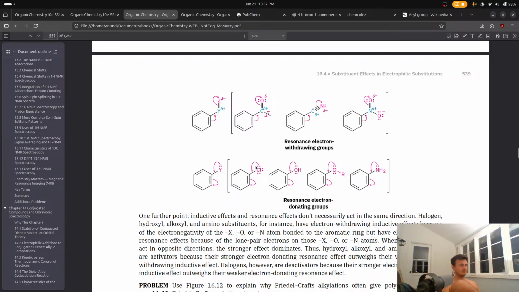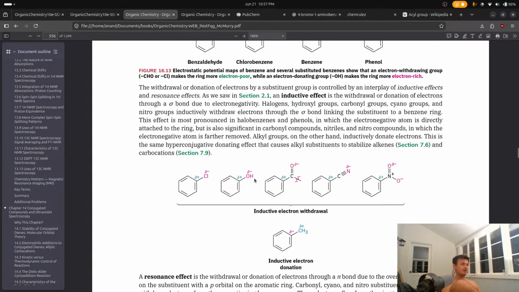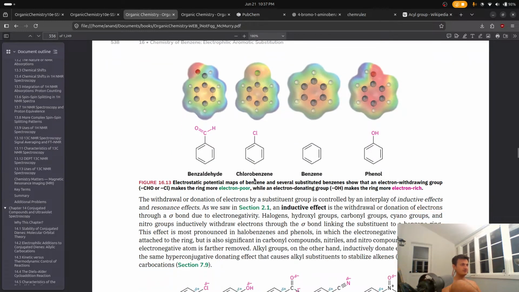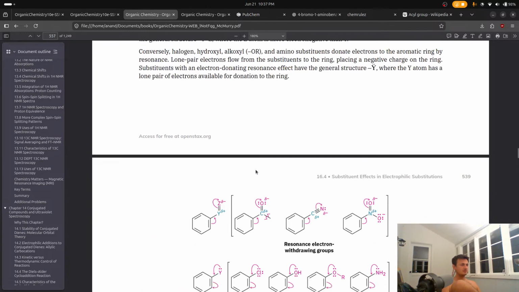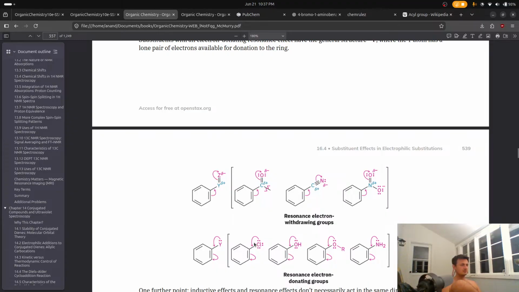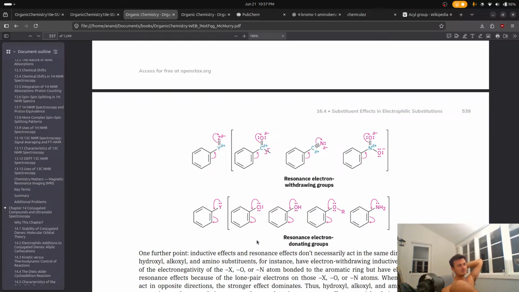But in the case where we have like a halogen, we're donating via the pi bond. So for halogens, you have inductive and resonance effect.